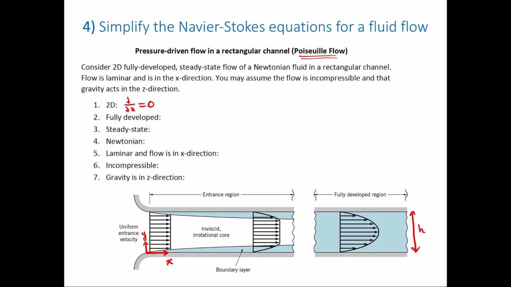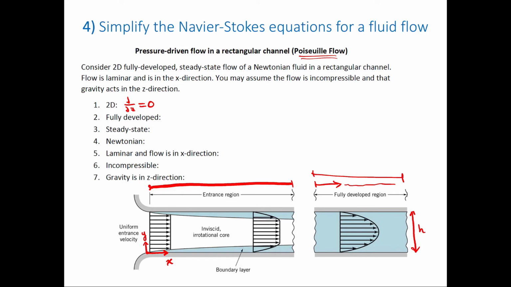And this is our height between the surface, or the two surfaces. We have an entrance length, which we've talked about in this course content leading up to now. And then we have a fully developed region. And this over here is the region that we're really interested in. Fully developed region, not the entrance length.